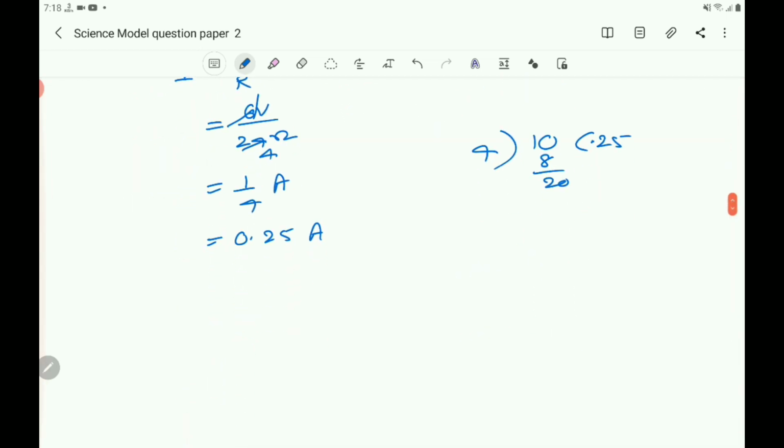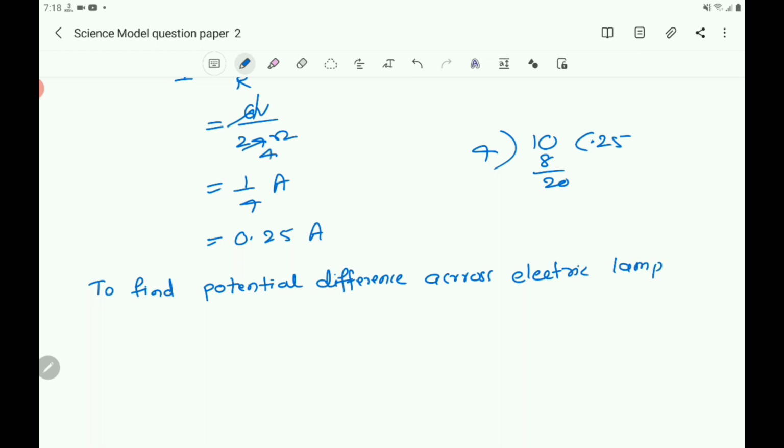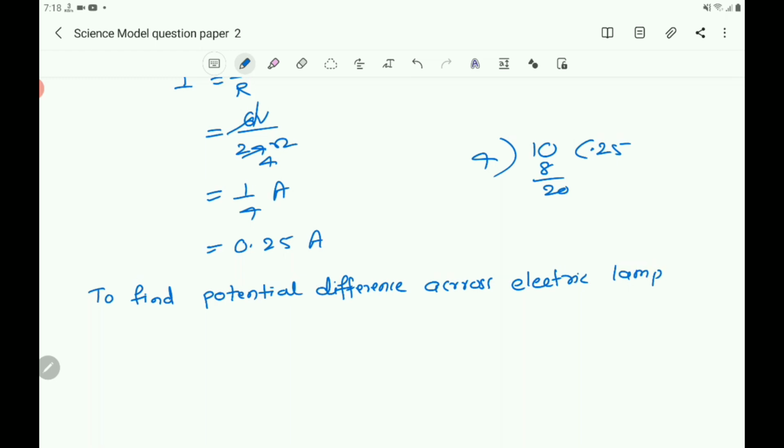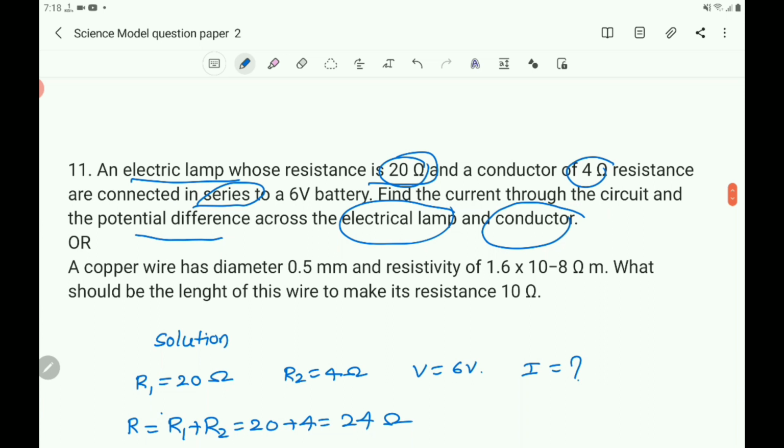So to find the potential difference across the electric lamp, what is the resistance of the electric lamp? It is given, that is 20 ohm.